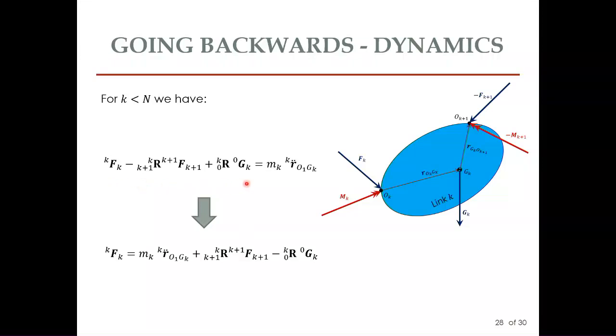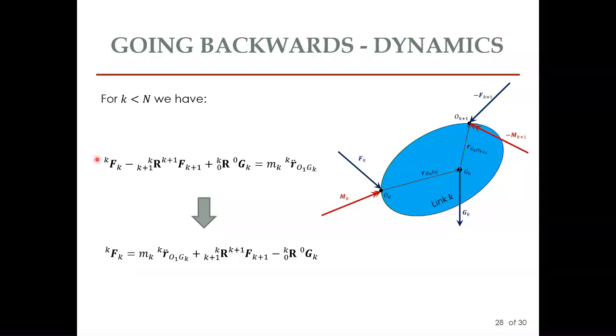So this is the sum of forces, and this is p dot, the derivative of the linear momentum. And from this one, I can isolate fk to serve me for the next iteration, going to link k minus 1.